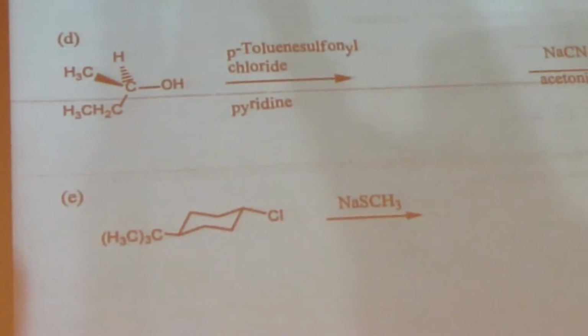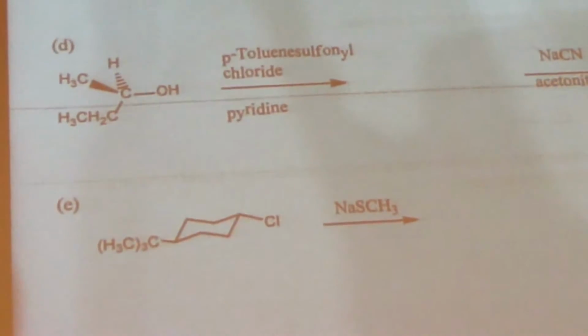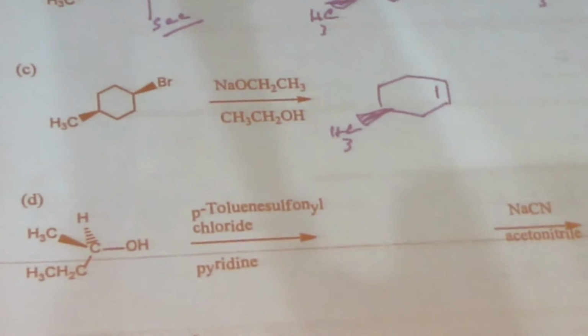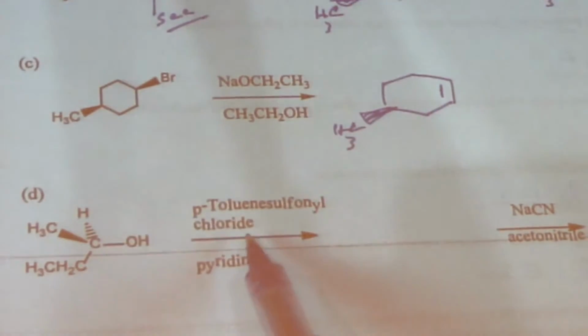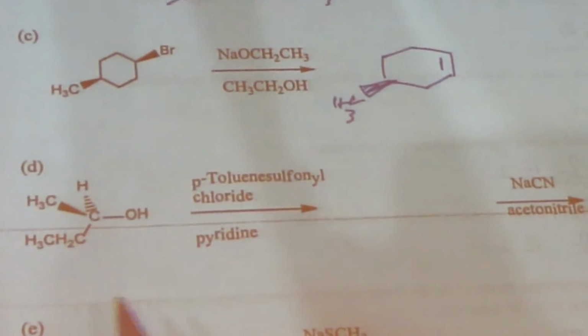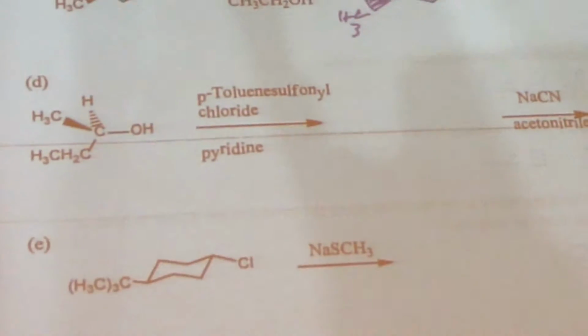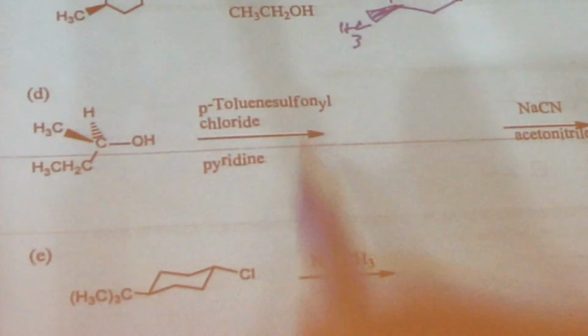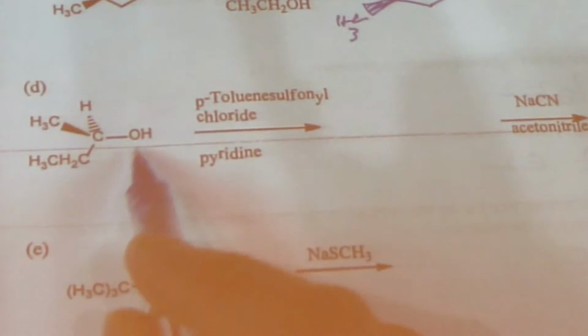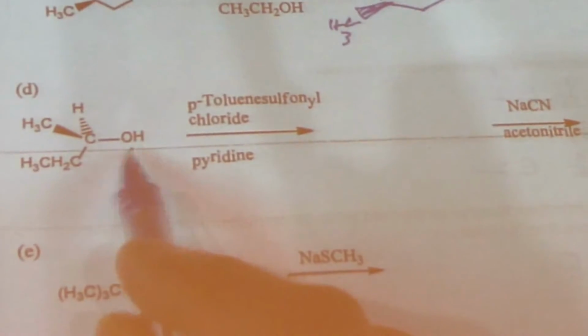The next one is the application of the OTs, or the toluenesulfonyl group, as a leaving group. So we start with an alcohol treated with para-toluenesulfonyl chloride, and that converts this to OTs. This is a very well accepted abbreviation.